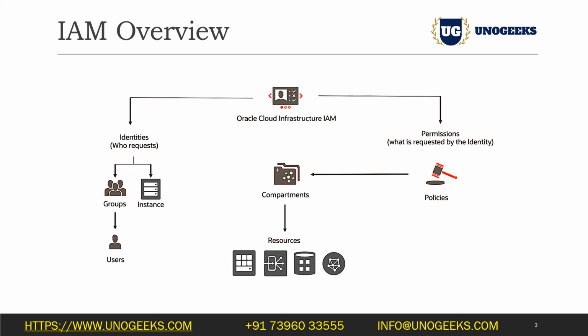Whenever you are going to design your environment, based on the workloads which you are going to migrate, or if it is an entirely new implementation, you will decide what all your requirements are, like whether you have one workload like ERP in this case, or you are only moving your databases. So maybe you create a network compartment and a database compartment.